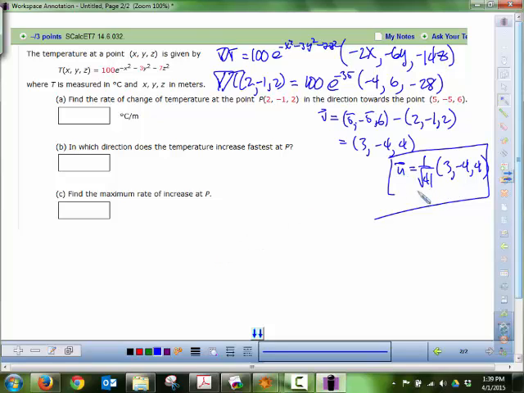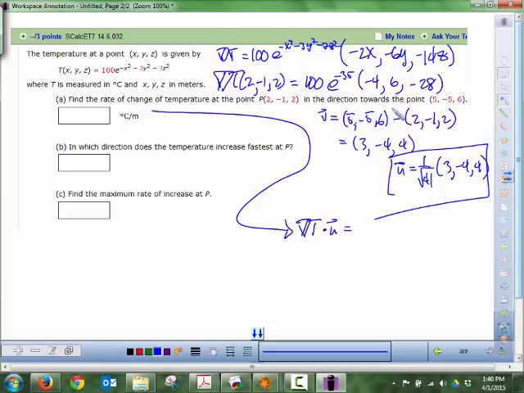So I just dot them. I just multiply this out. So the directional derivative is going to be the gradient of T dotted with u, which is really just the dot product of these things.